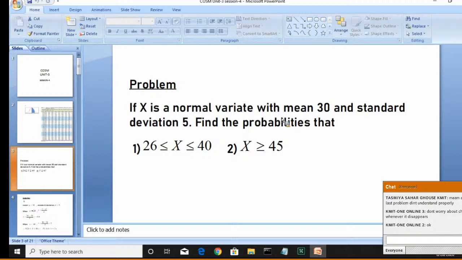If x is a normal variate with mean 30 and standard deviation 5, find the probabilities that 26 less than or equal to x less than or equal to 40 and x greater than or equal to 45.